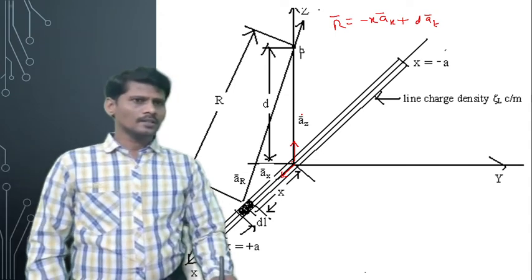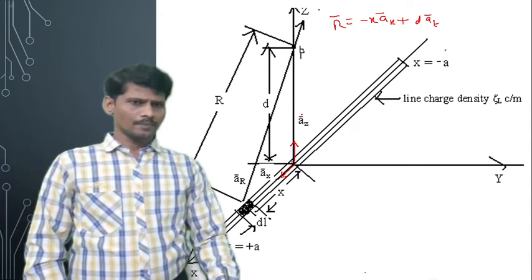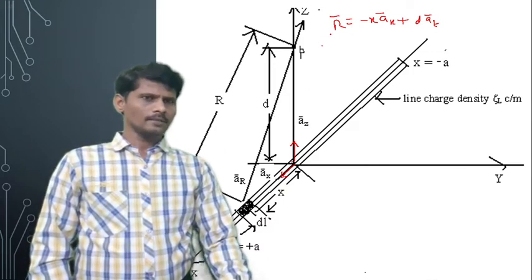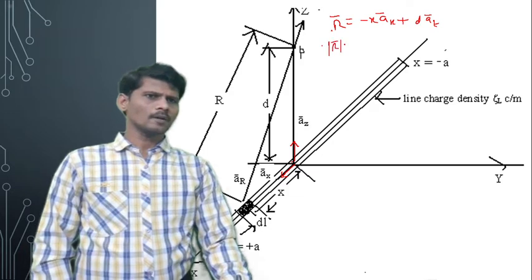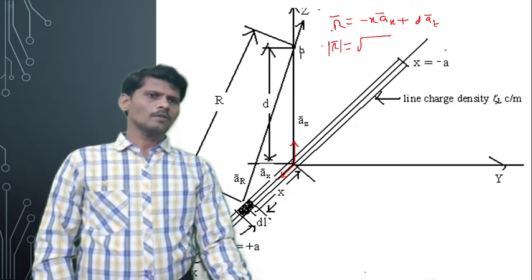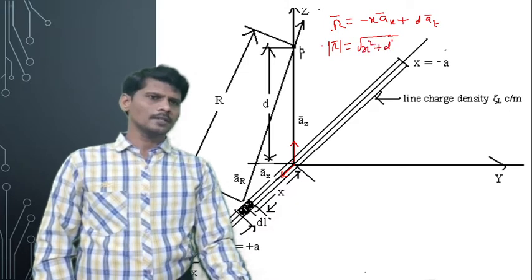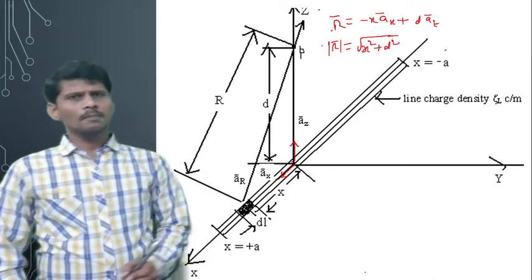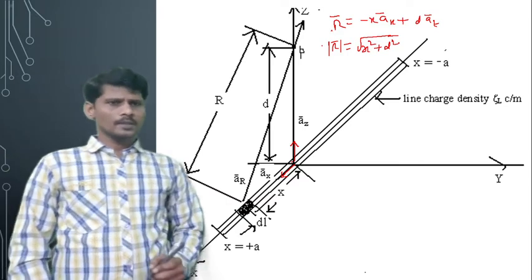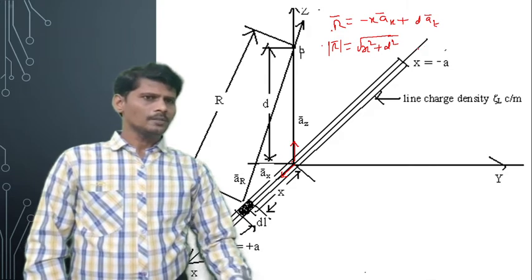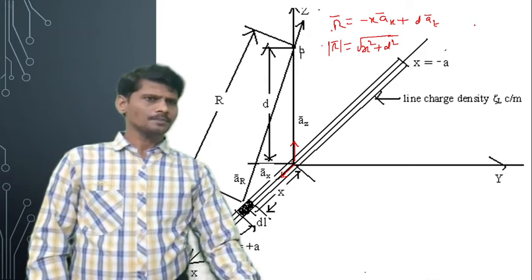Next calculate the magnitude of R bar. So take the magnitude on both sides. Magnitude of R bar is equal to square root of minus x square, that is plus x square plus d square. So this is the magnitude of R bar from the figure. Next calculate the unit vector.